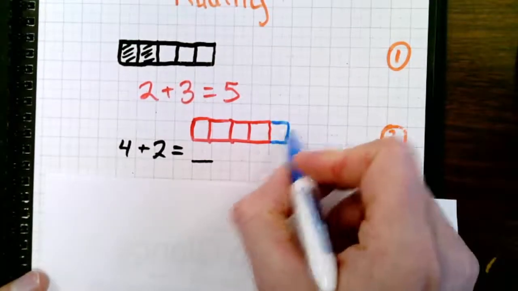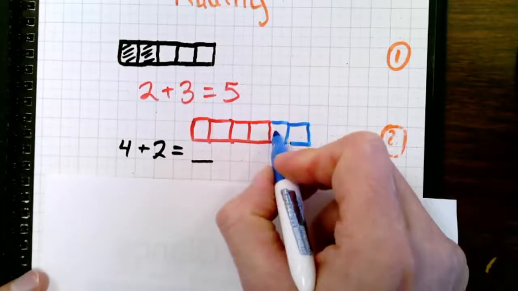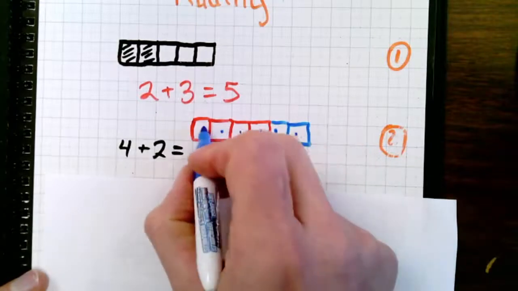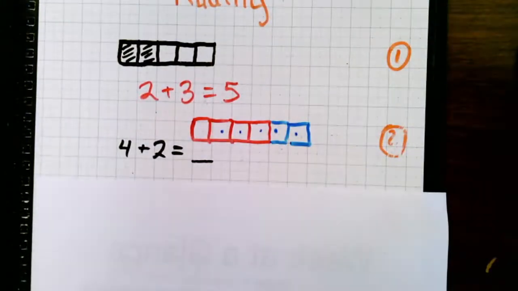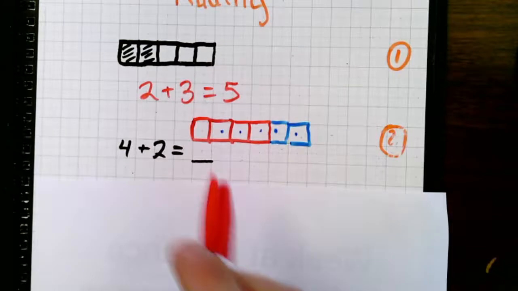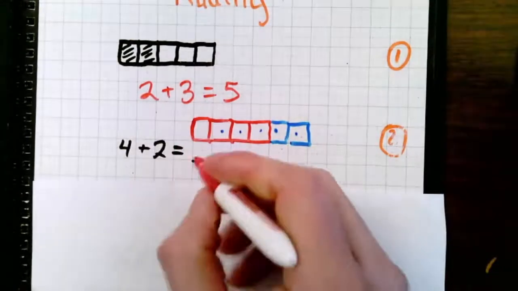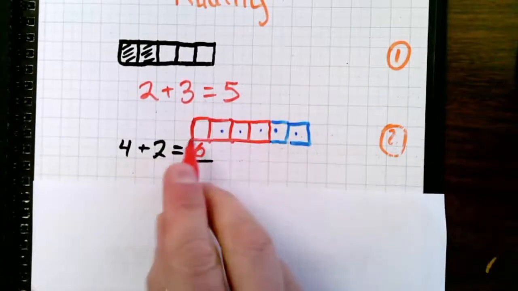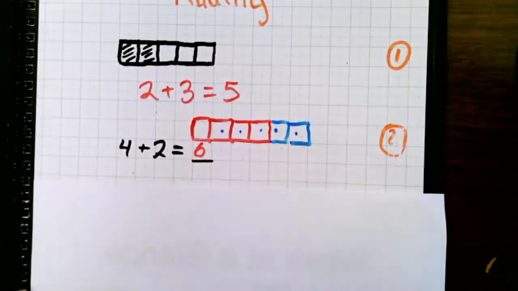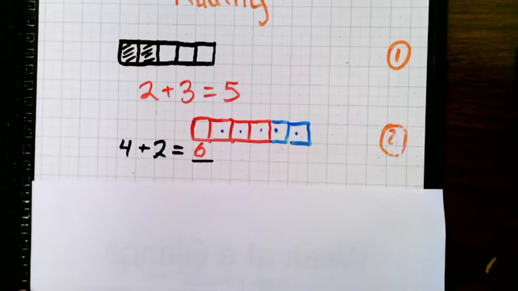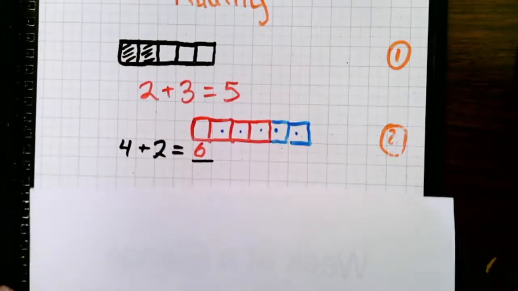We would probably add 2 more. And how many is that all together? Well, we have 4, 5, 6. 4 plus 2 is 6. There are 6 blocks altogether. That's what the picture for 4 plus 2 equals 6 will look like.